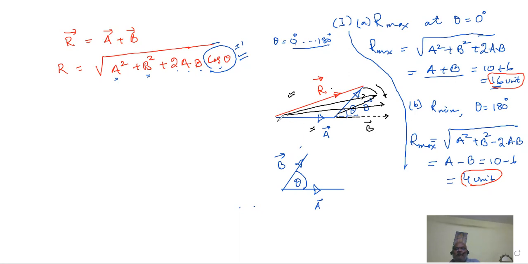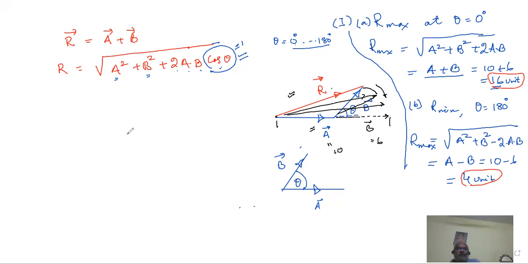The maximum value of the resultant, as you know the rule, is from the tail of the first vector to the head of the last vector. Because A equals 10 and B equals 6, it will be literally the sum of A and B. So R maximum equals 16 units.